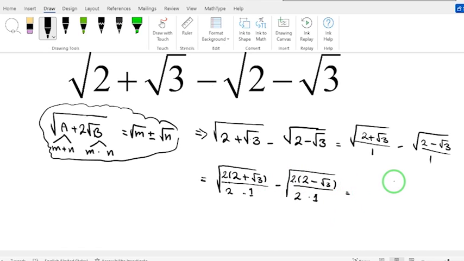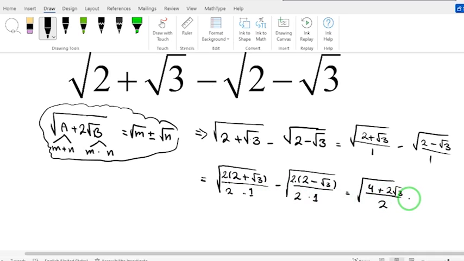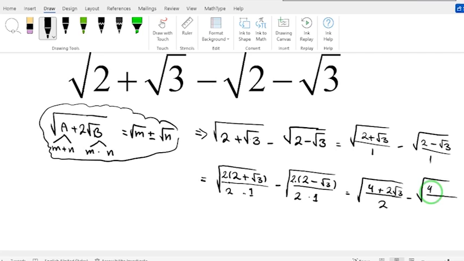Then the form changes, and 2 multiplied by 2 gives us 4 plus 2 times square root of 3 over 2 multiplied by 1, 2, minus 2 multiplied by 2, 4, and 2 times square root of 3 over 2 multiplied by 1, 2.